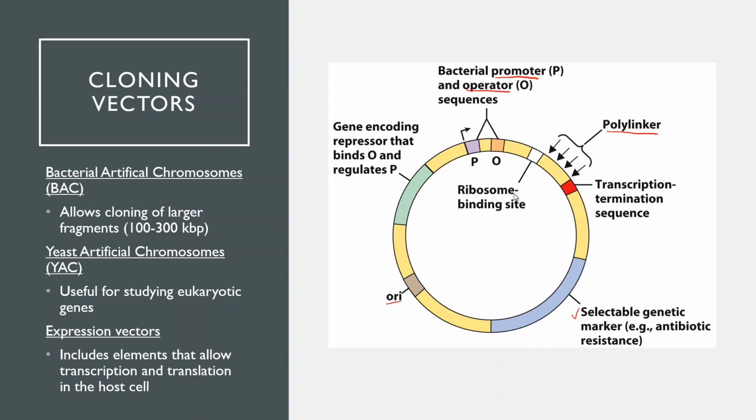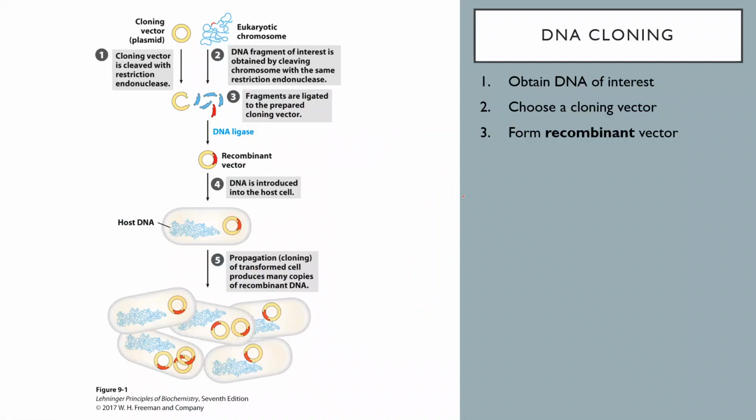But if you actually want the host to take the next step and turn it into protein, your expression vector also has to have a bacterial ribosome binding site.